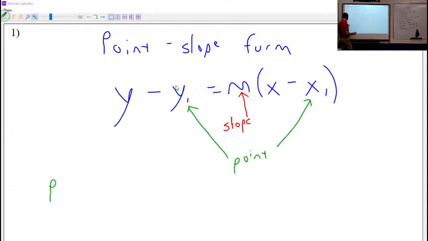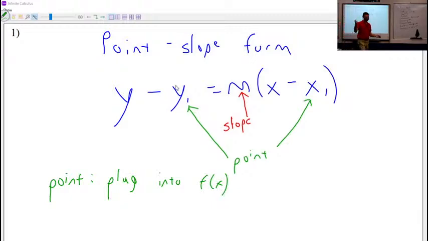So to get the point, plug into f of x at whatever point we're looking at. Plug in the number for x, get out the value for y. But that doesn't tell us the slope. If only we had some function that we've been looking at that would tell us the slope.